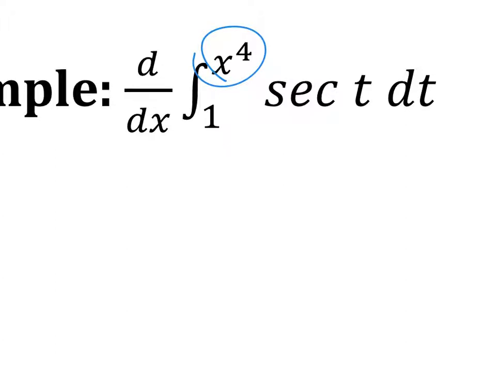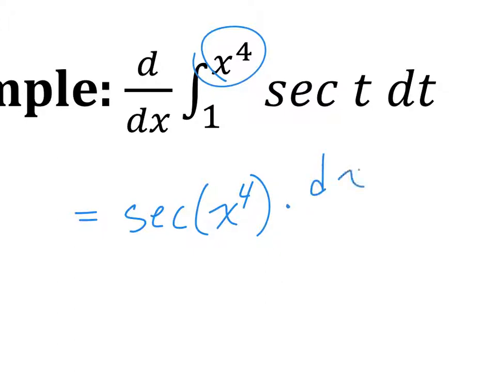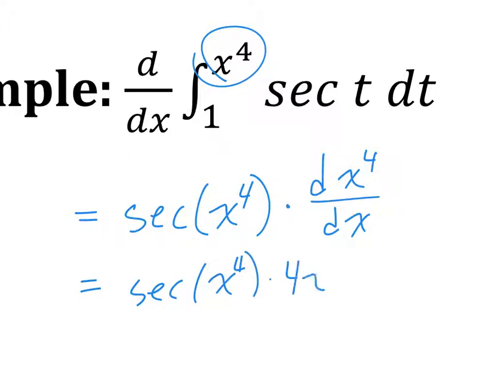The derivative now becomes secant of x to the 4th because we just substitute in. However, because it is not an x, we have to do a chain rule, so we multiply by the derivative of this thing. So this becomes secant of x to the fourth times 4x cubed.